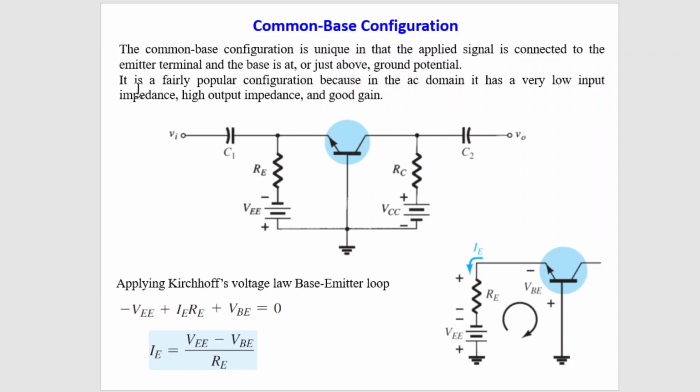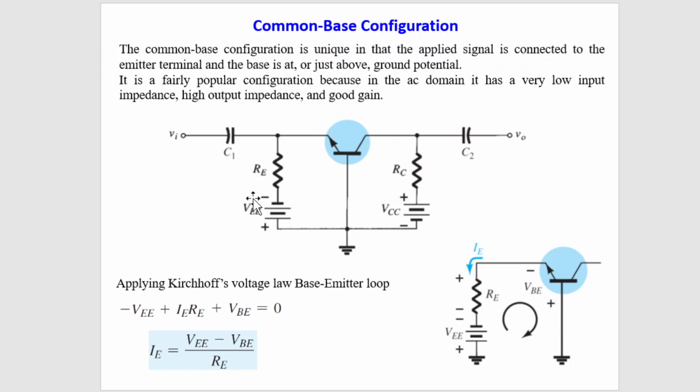It is a fairly popular configuration because in the AC domain it has very low input impedance, high output impedance, and good gain. So that is why this common base configuration technique is very unique, and it is also very easy. But the difference with other transistor biasing techniques is that here we use two DC power supplies.